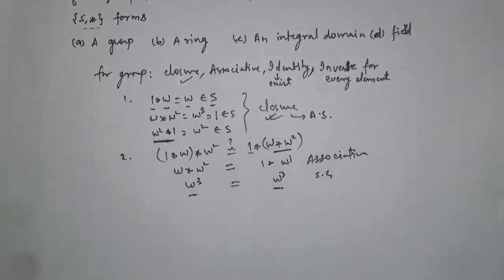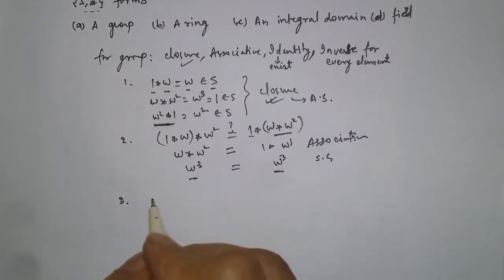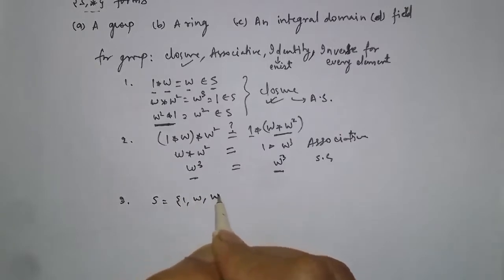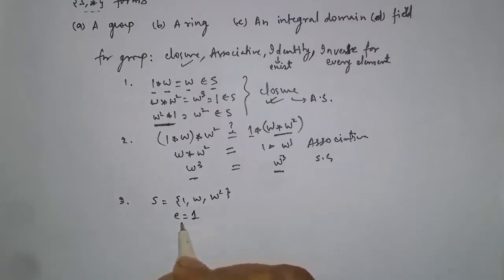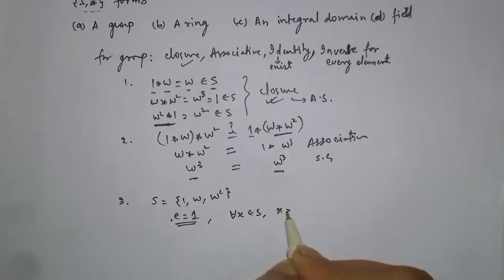Third property, we will check whether an identity element is present or not. Since the set is {1, omega, omega square}, for multiplication the identity element is always 1. Identity element means for any other element x belonging to set S, x star e should be equal to x.